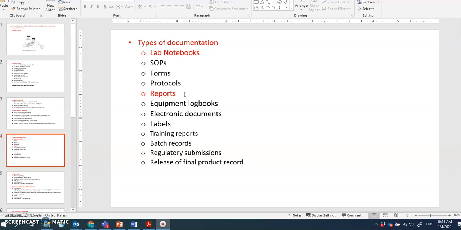Okay, and then the equipment logbook. Again, if you have lab equipment or an instrument, there are logbooks placed next to it. So the logbook will tell you the condition of the instrument, how that instrument is maintained, cleaned, calibrated, and serviced. All the records of that should be there, so you can read them.